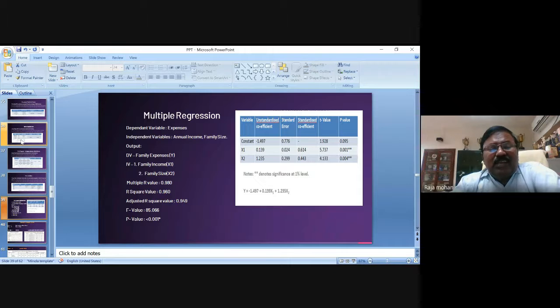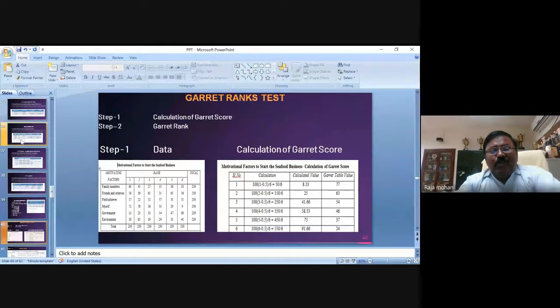This is especially so with multiple regression, where we know the average relationship between the variables, and with the help of x we can find y. We have one dependent variable and a number of independent variables, and we find how the independent variables correlate with the dependent variable. For that we have multiple regression. Anyway, we will see it once again. Normally we will see it at that time. This was popular once.